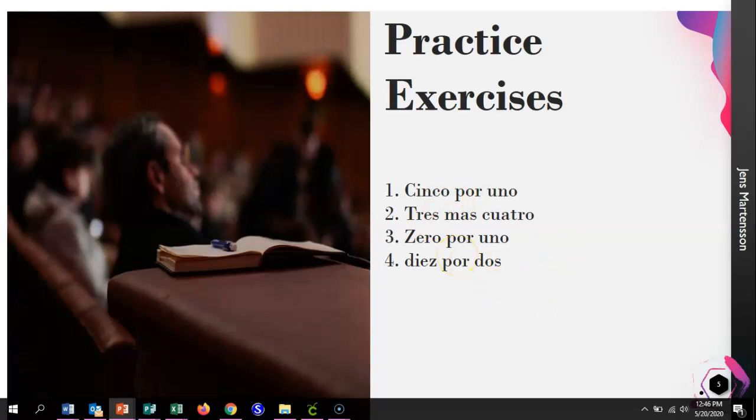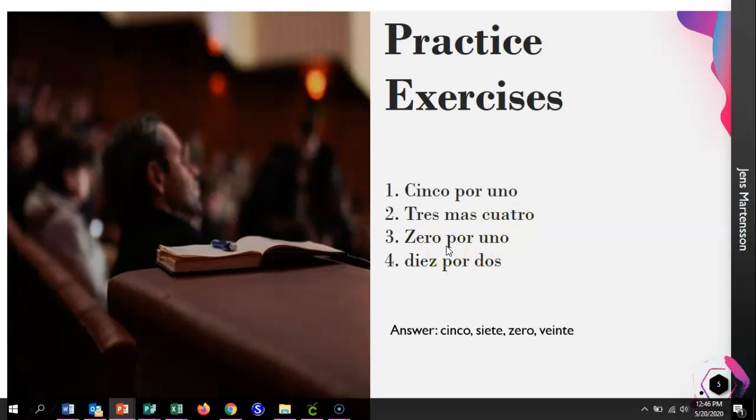I'm going to read out loud number 2, 3, and 4, pause if needed, and then we'll go over the answers. Number 2 reads 3 más 4. Number 3 reads 0 por 1. Number 4 reads 10 por 2. Okay, if you answered for number 2, 7, that is correct because 3 plus 4 is 7.